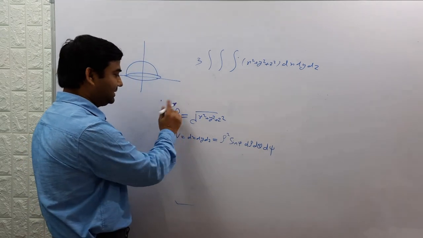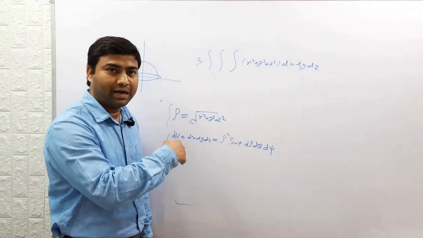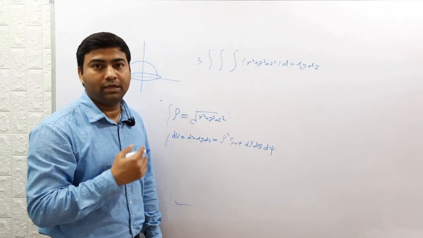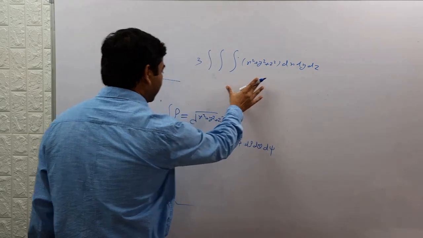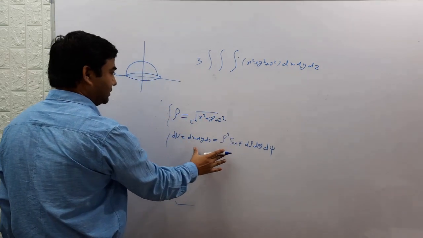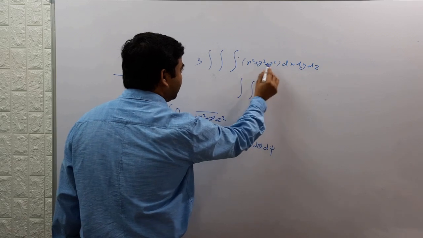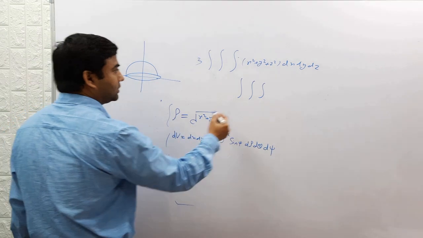So this conversion we have taken directly from Cartesian to spherical coordinate system. After this conversion, we will write this expression as x square plus y square plus z square is rho square.